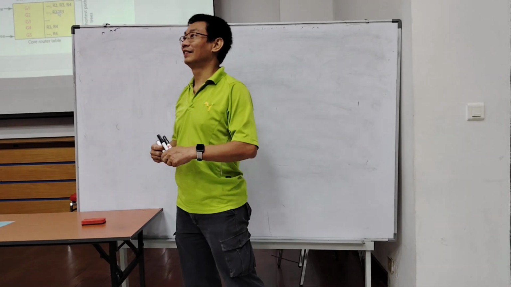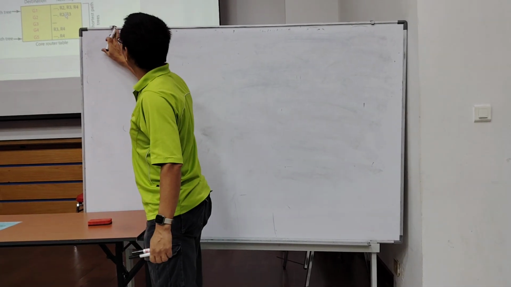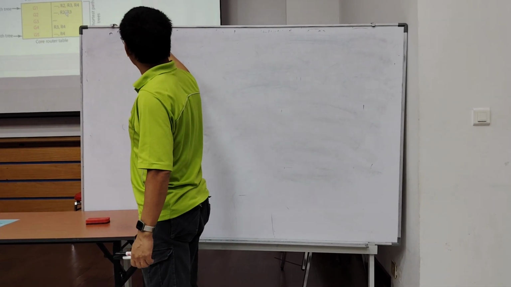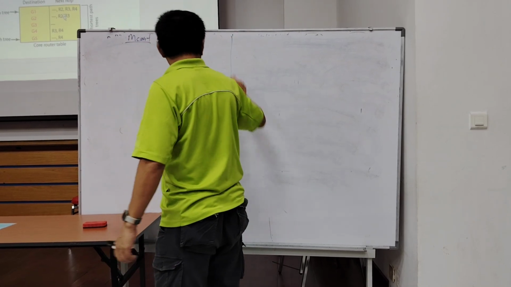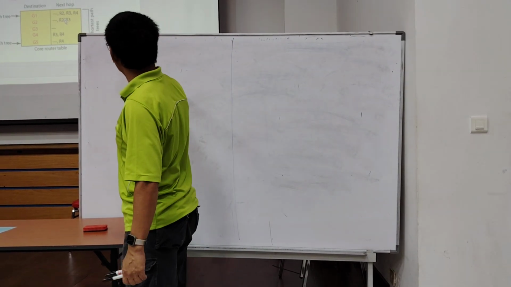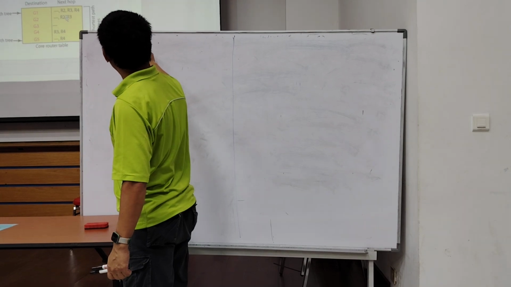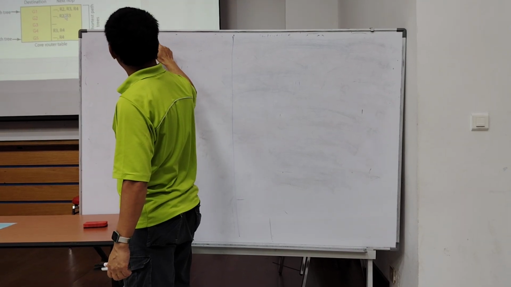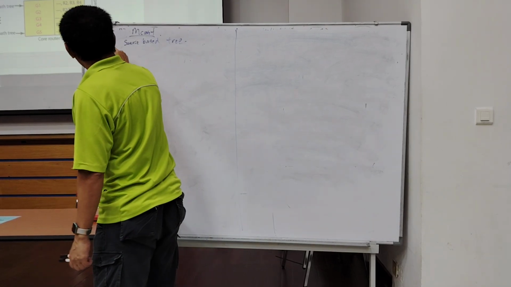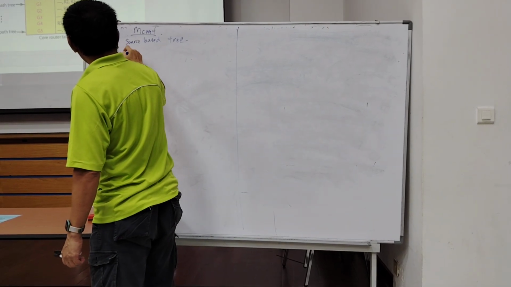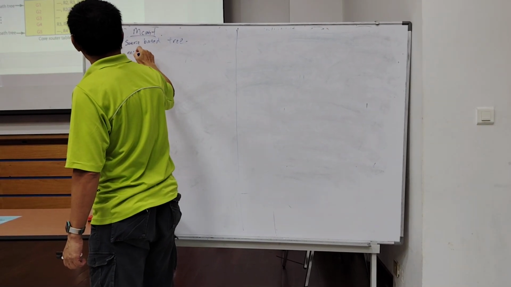Alright, so in theory, in multicast, you have two approaches. First is a source-based tree. In a source-based tree, you have a source here. This is a multicast center.